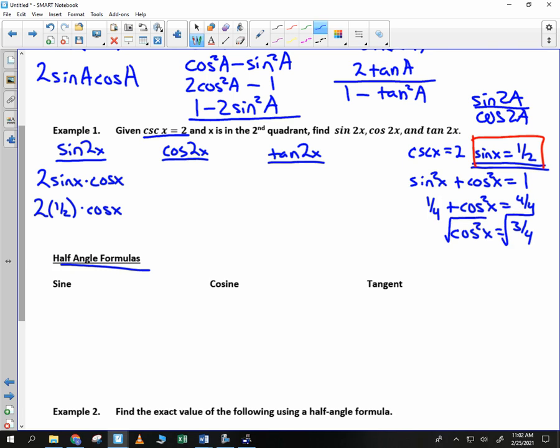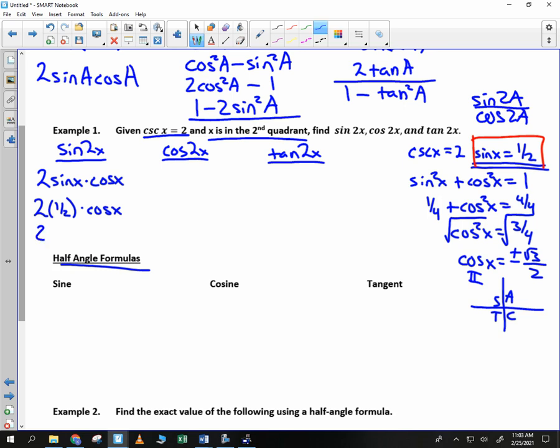As we square root that, we get cosine of x is equal to plus or minus the root of 3 divided by 2. It tells us that x is in the second quadrant, meaning our angle is in the second quadrant. That means that cosine, all students take calculus, is in fact negative.